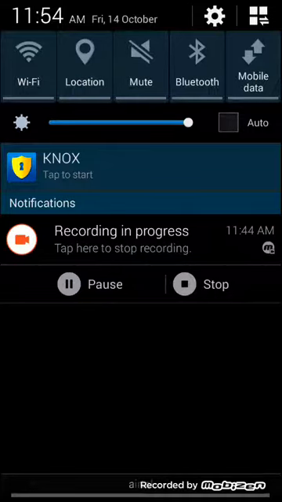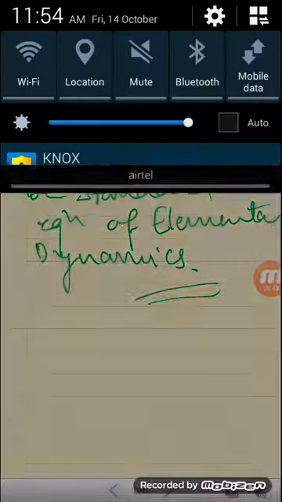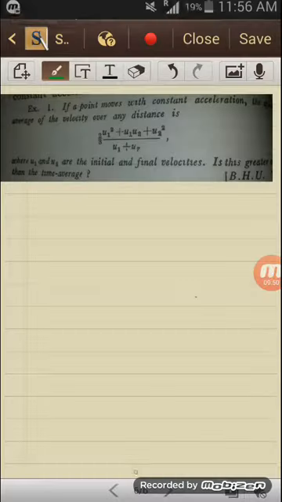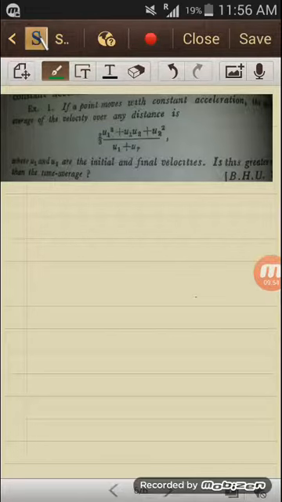Now let us start the question. In the question we have this: if a point moves with constant acceleration, greater or less, the space average of the velocity over the distance is this.